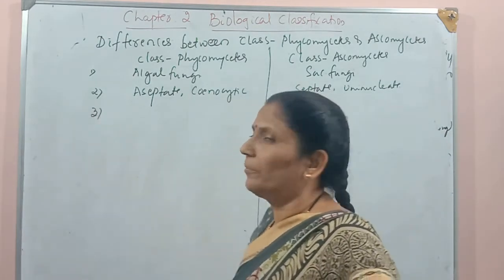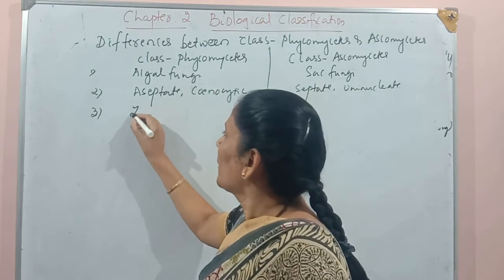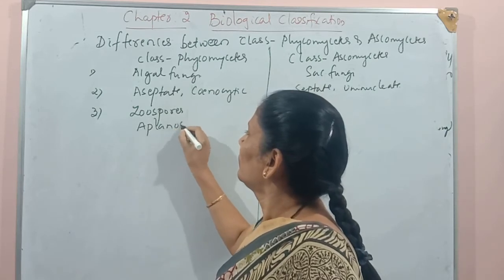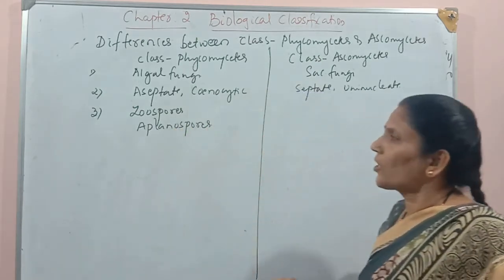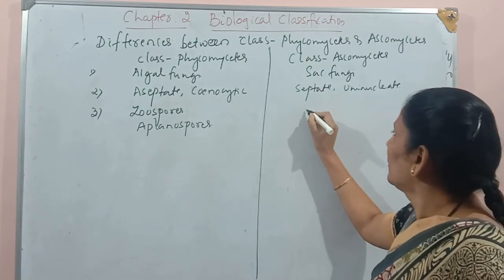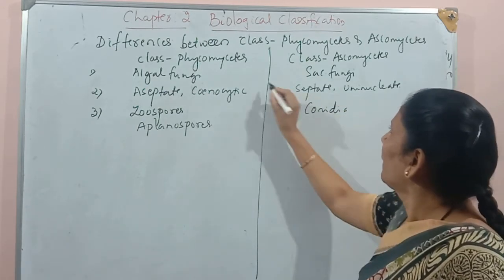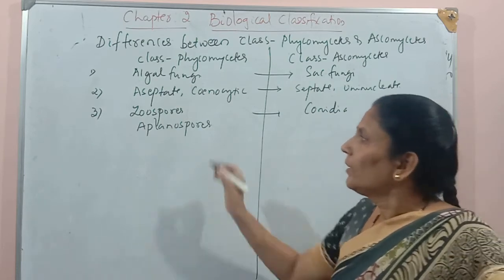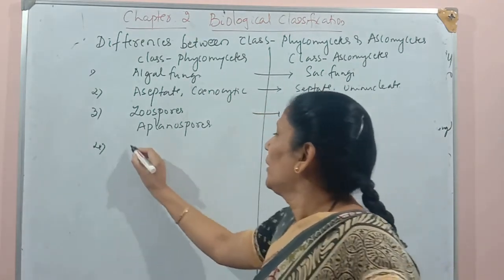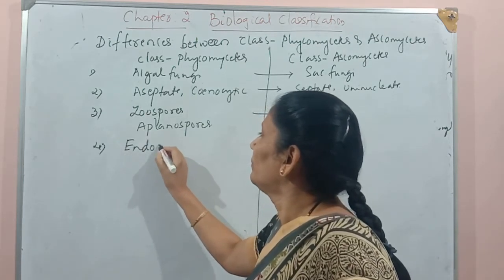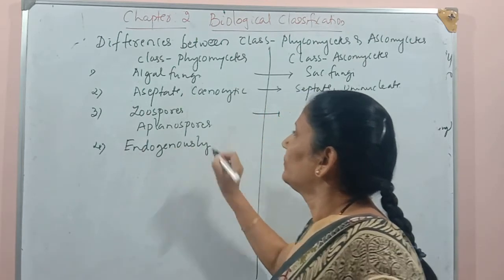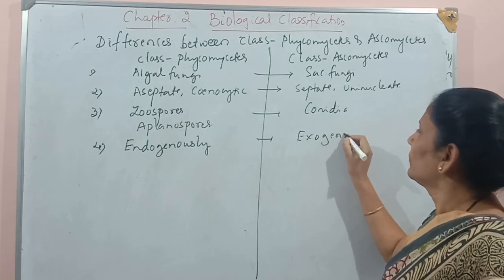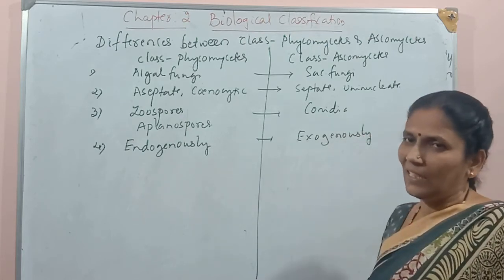Third character: in Phycomycetes the asexual spores are zoospores and aplanospores, produced endogenously. In Ascomycetes the asexual spores are conidia, produced exogenously.